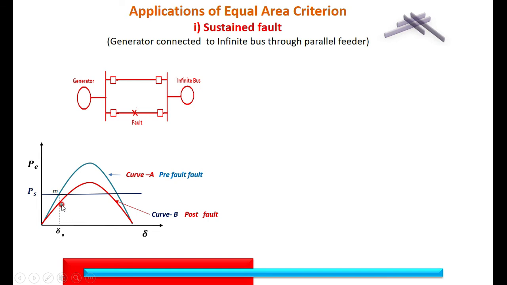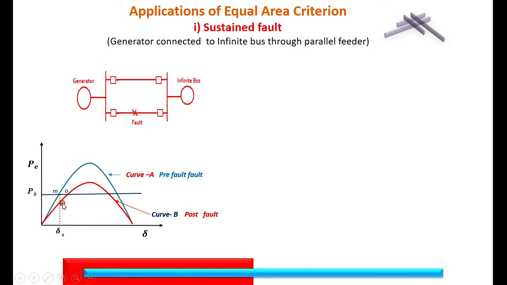Therefore, from N onwards, the angle delta goes on moving along this red curve, from N to O. At M, it is operating at synchronous speed. When it shifts to N, still the speed is synchronous speed.